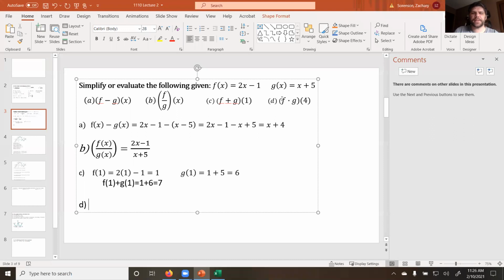So last example, f times g of 4. Well, plug in 4 into my f, solve. Plug in 4 into my g and solve.